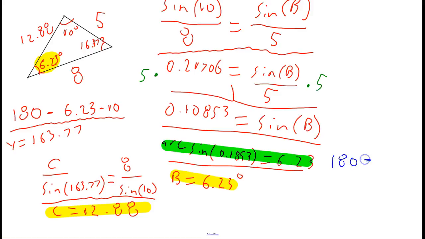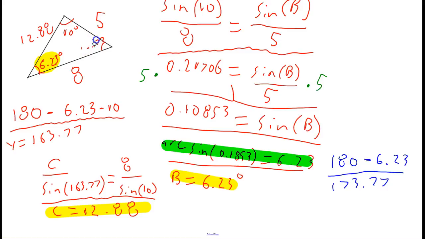I'm going to do the work to find a second beta: 180 minus the original beta, which is 6.23, is going to equal 173.77. You might be like, yeah, fine, all good, totally fine. So let's pretend for a second like we didn't find, because let's act like we're doing this over again.